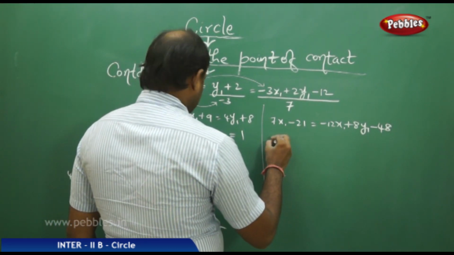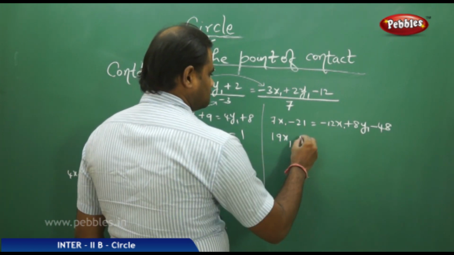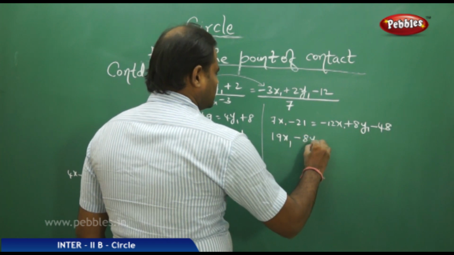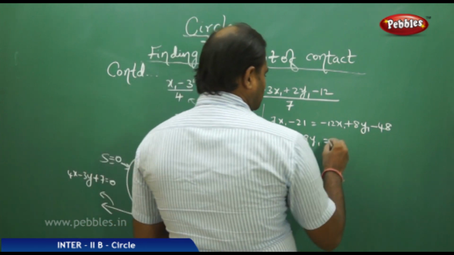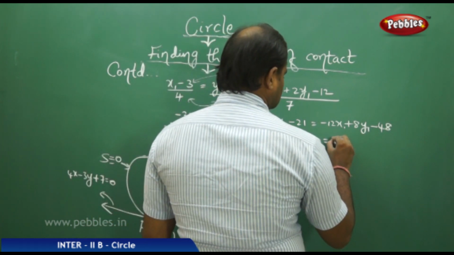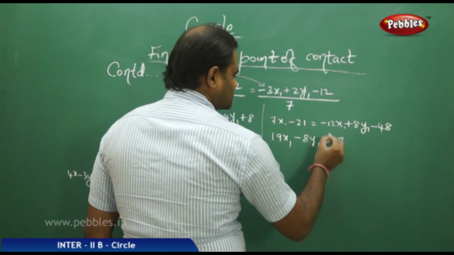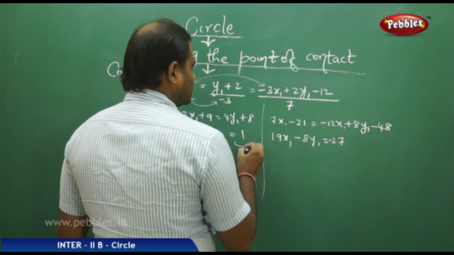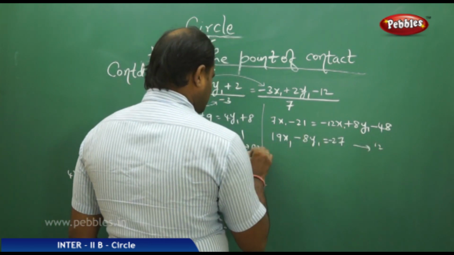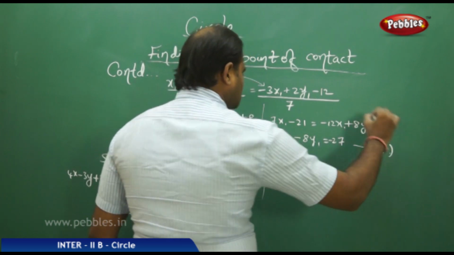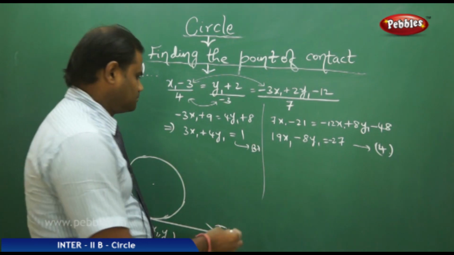Now 12 plus 7, which is 19x1, and minus 8y1 is minus 48 plus 21, which is minus 27. So this I get as equation 1, equation 3 and equation 4, where equations 3 and 4 are solved using the elimination method.